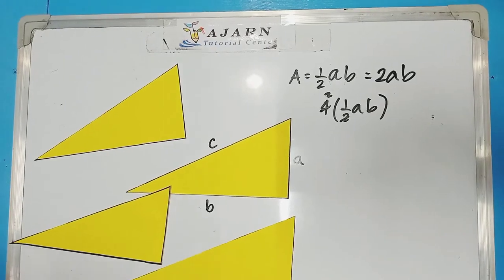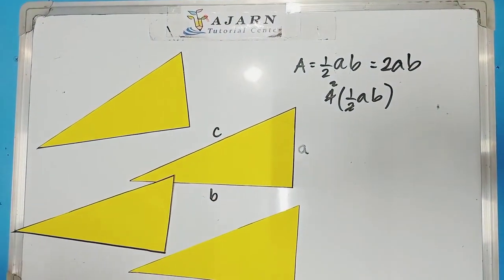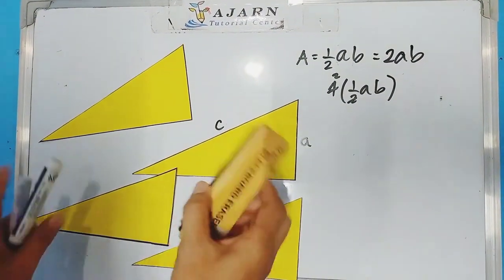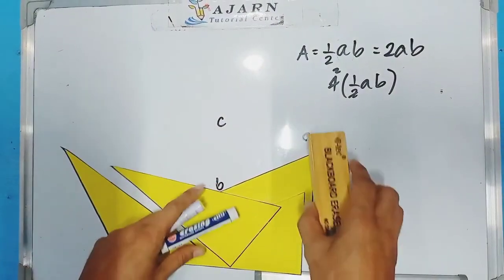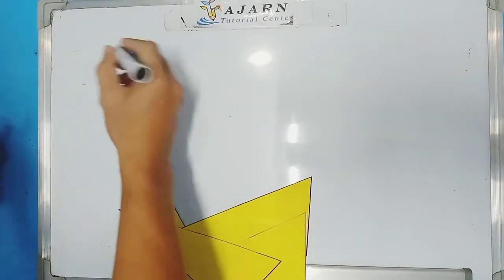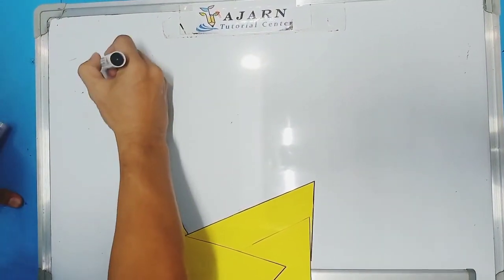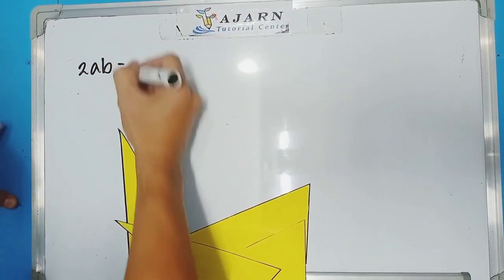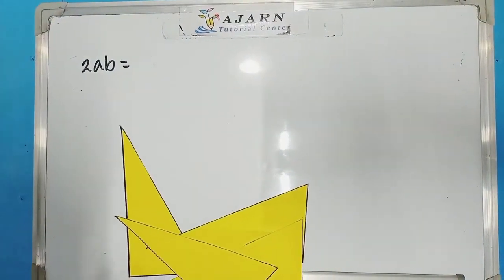Alright, now I'm going to rearrange these triangles to form something, to prove the Pythagorean theorem. Okay. So we originally have 2AB as the total area of the 4 triangles.